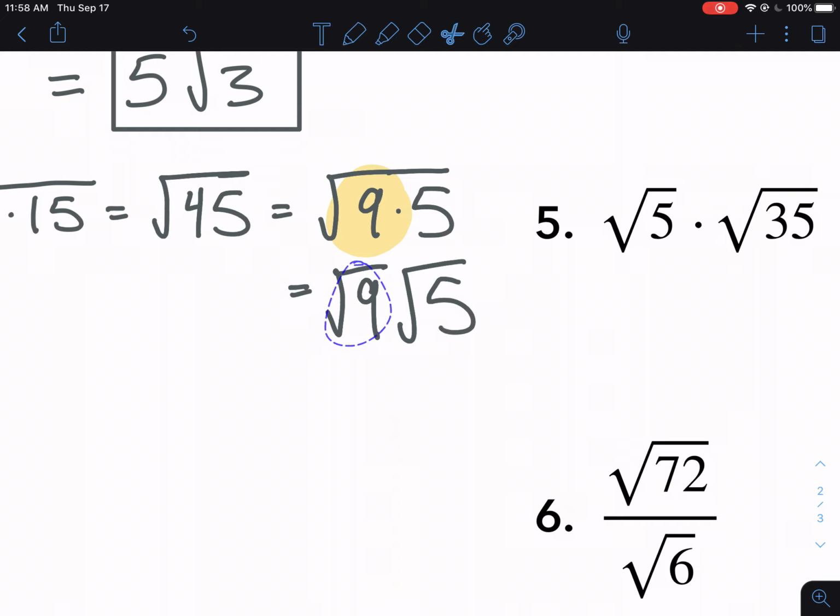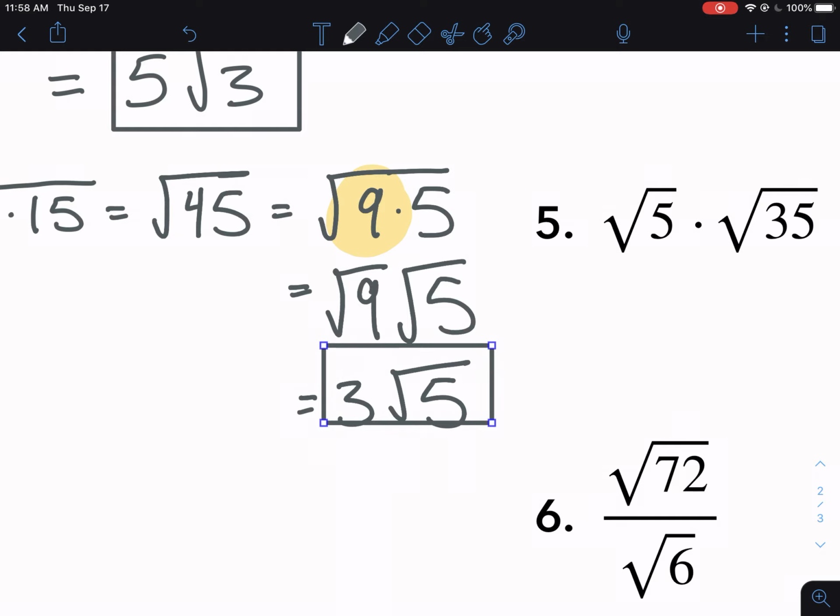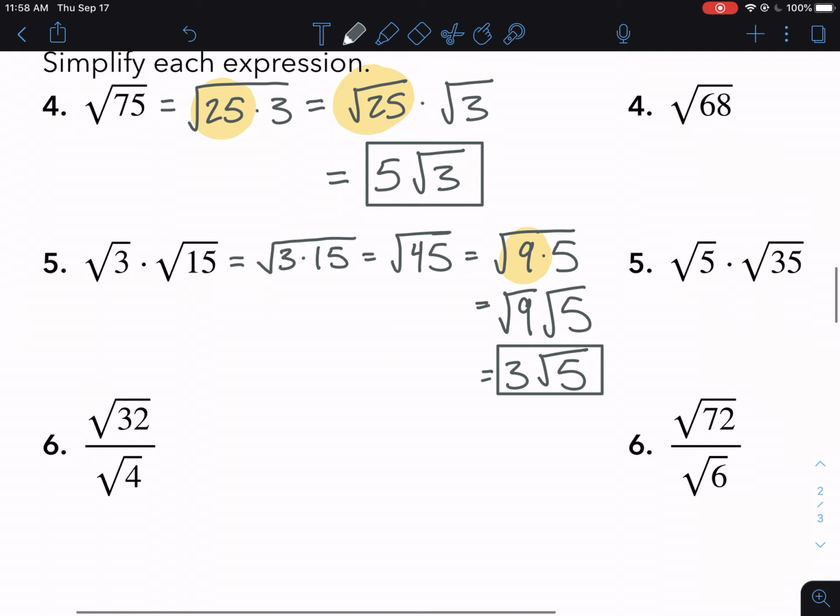The square root of 9 is 3. So that's equal to 3 times the square root of 5. What was the original problem? The square root of 3 times the square root of 15 is 3 times the square root of 5. And it just happens to be a coincidence that we have 5 rad 3 and 3 rad 5. So that's funny.